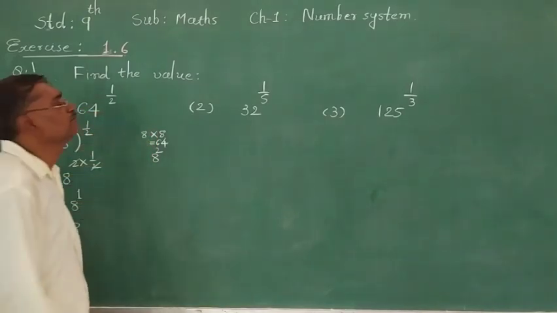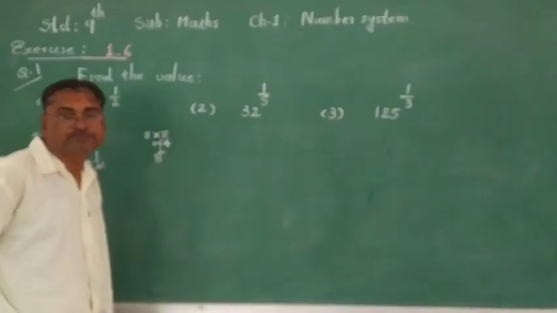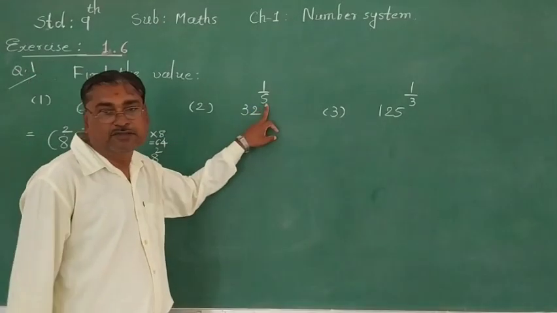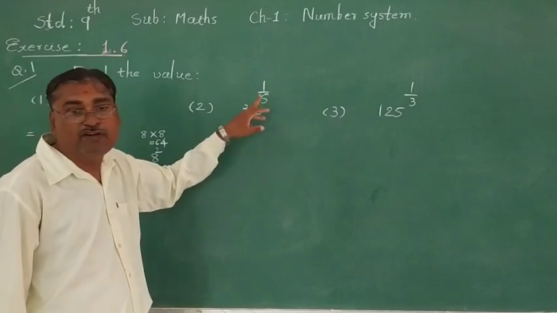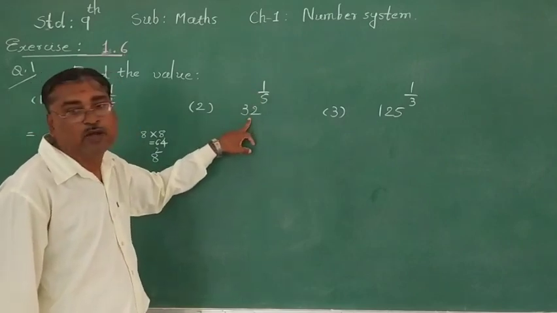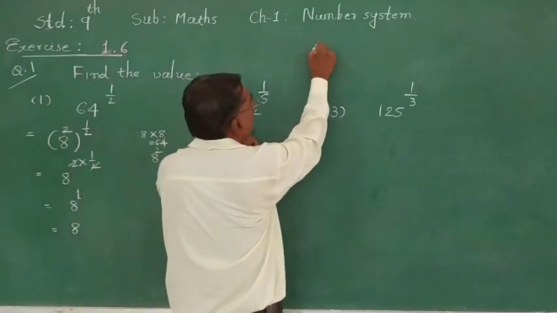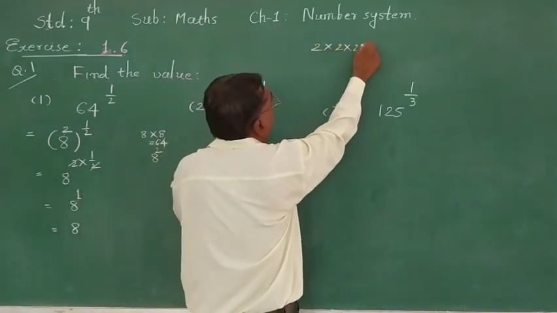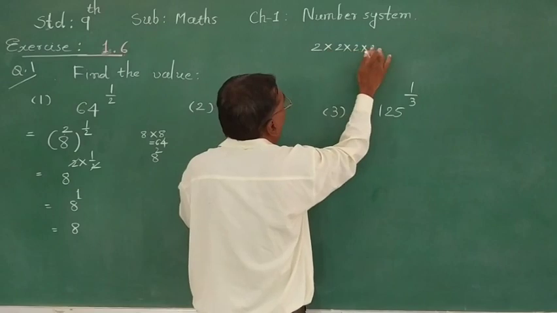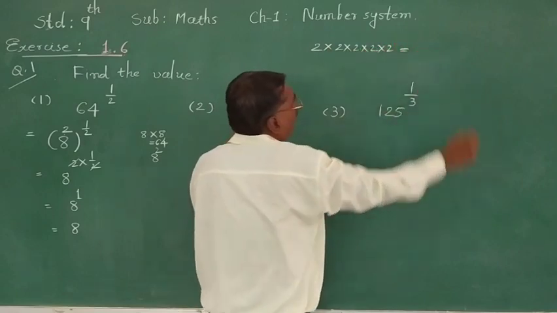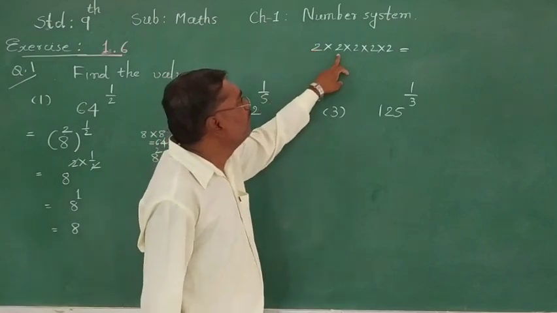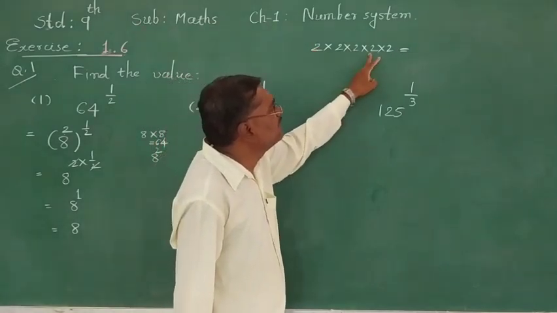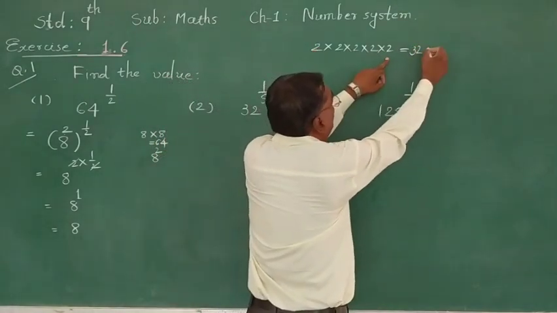Now think here, what about this 32, if it is given? Tell me any number which can be multiplied 5 times to obtain 32. So 2 multiply 2 multiply 2, 1, 2, 3, 4 and 5. What will you get? 2 twos are 4, 4 twos are 8, 8 twos are 16, 16 twos are 32.